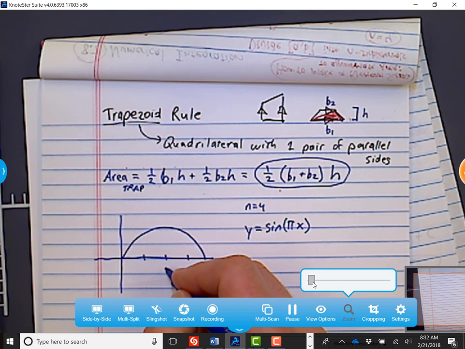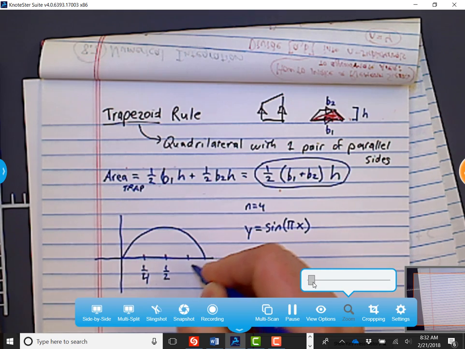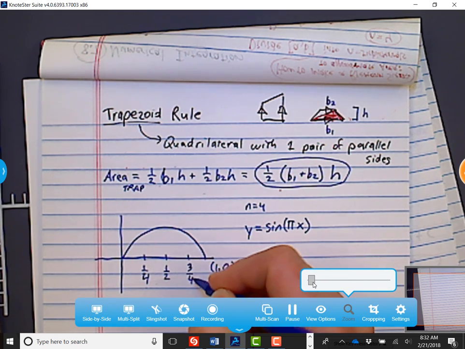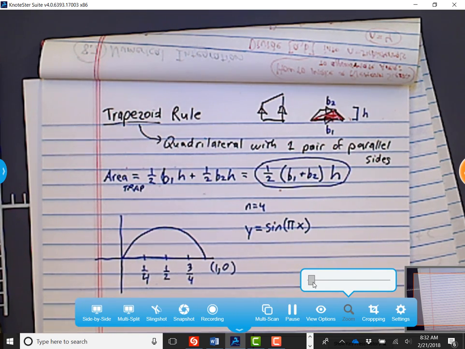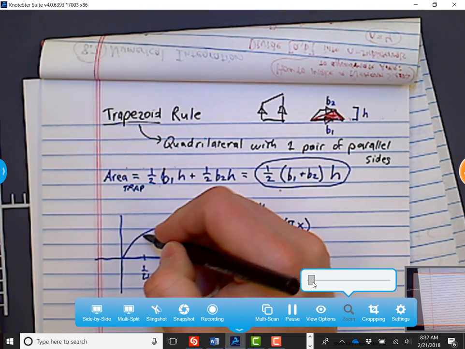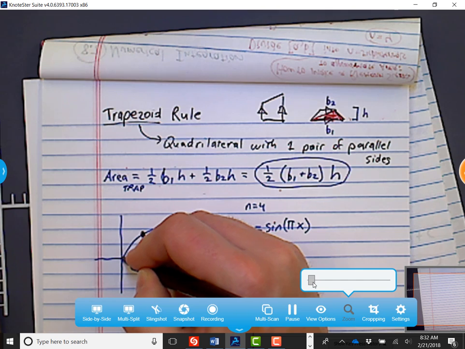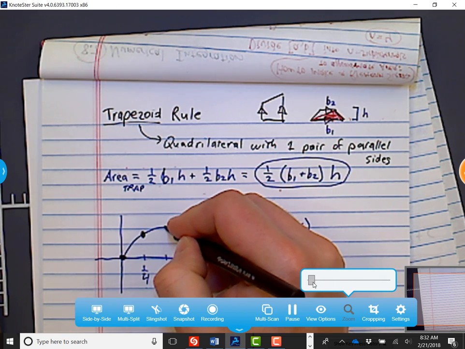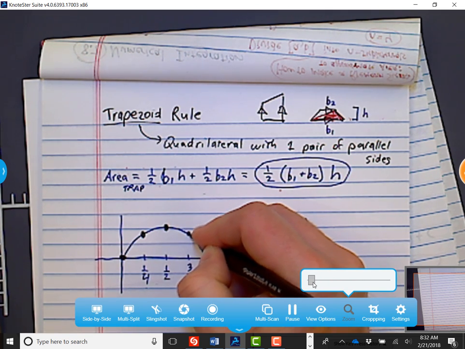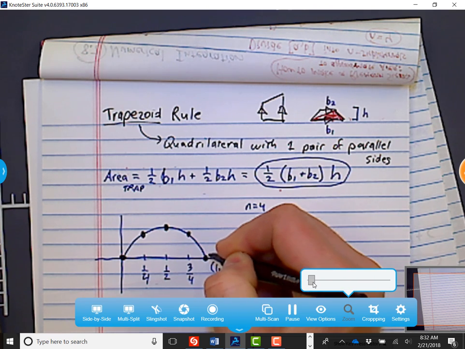Okay? So here's 1/2, and here's 1/4, and here's 3/4. Okay? And so it would be very easy to compute these points. Here, here, here, here, and here, right?